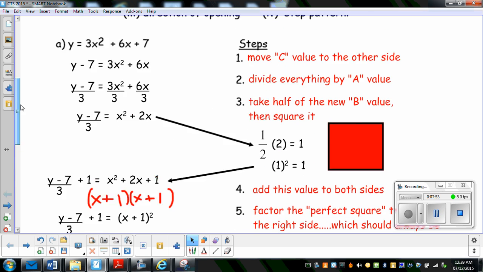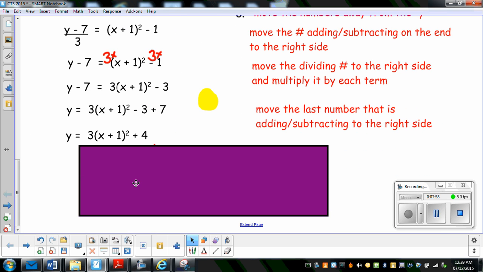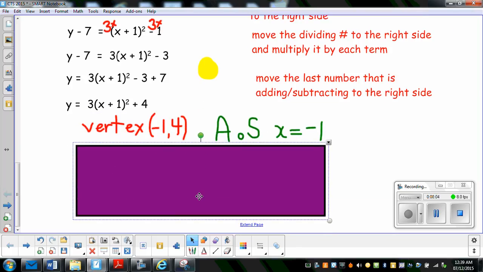Now up above, we were asked to find the vertex, the equation of the axis of symmetry, the direction of opening, and the step pattern. So the vertex is minus 1, 4. Remember, the axis of symmetry is going to be x equals whatever the x value is in the vertex.